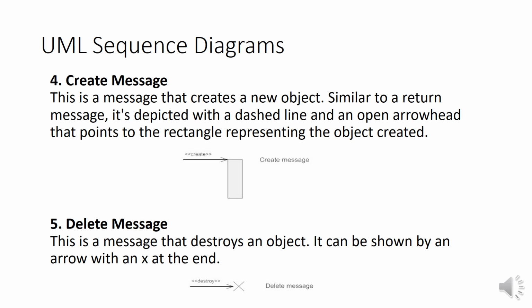Destroy message is shown by an arrow that points to the lifeline of the object that will be destroyed. It means the object is done now, it is no more, and its lifeline ends with a cross symbol. Usually it is indicated with the destroy stereotype.